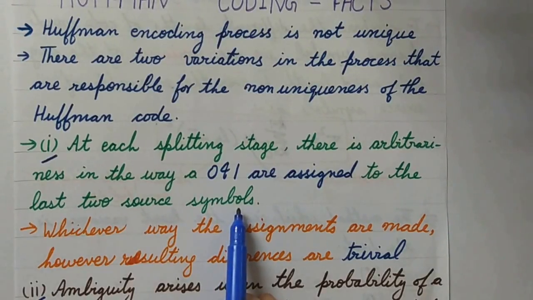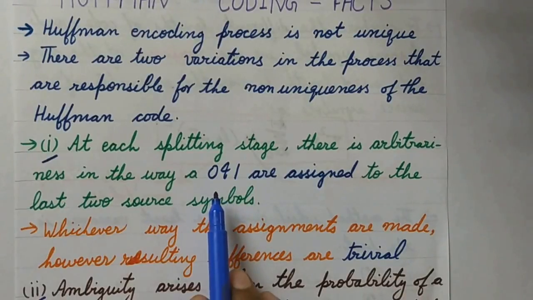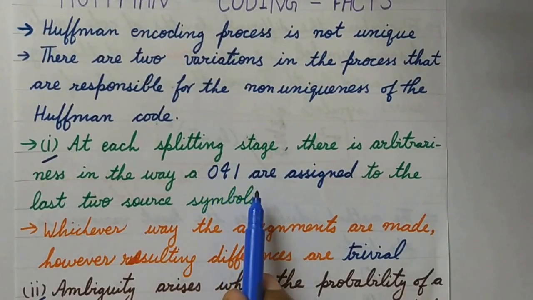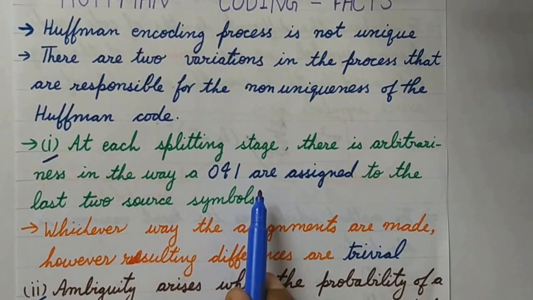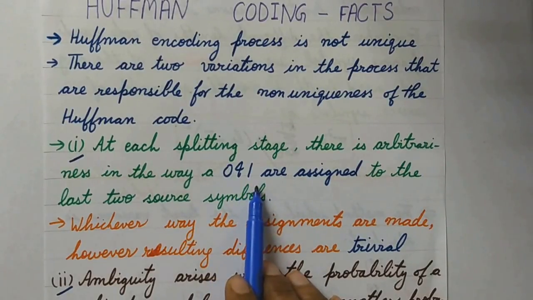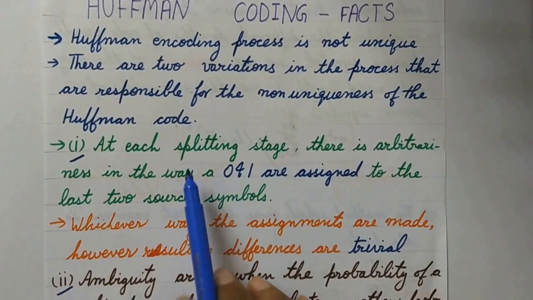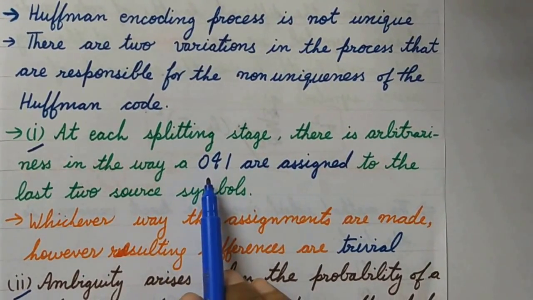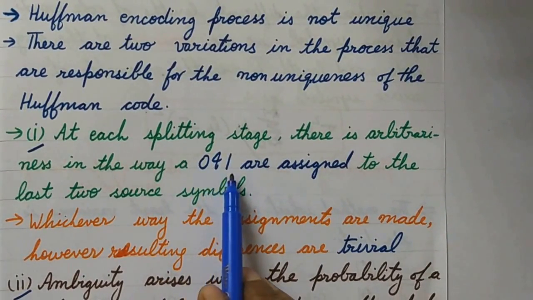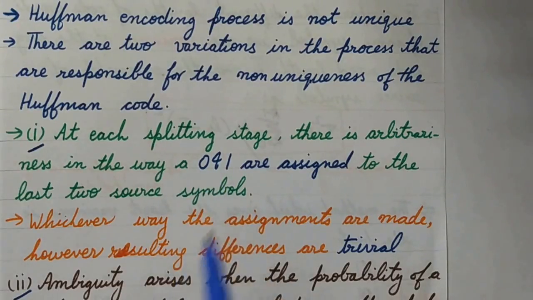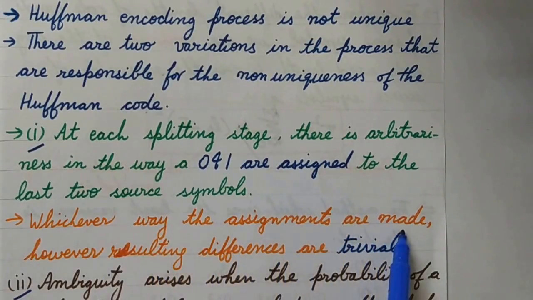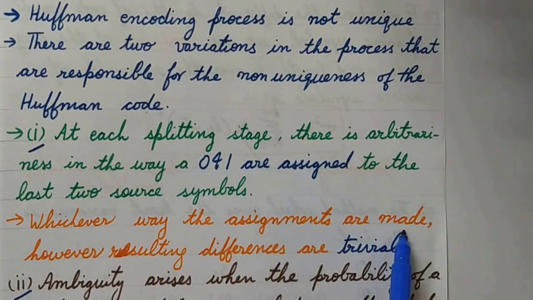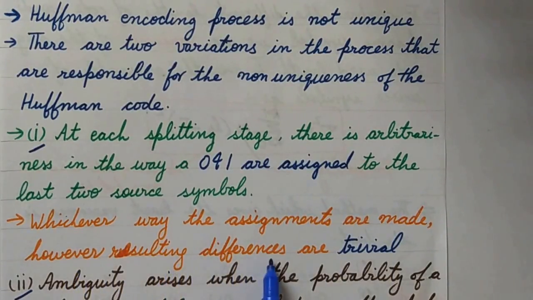Like in my previous video, I used to write 1 and 0 for the last two messages, whereas Simon Haykin's uses 0 and 1. So this creates one variation, that some use 0 and 1 and others use 1 and 0. The next point says that whichever way the assignments are made, whether you are using 0 and 1 or 1 and 0, the resulting differences are trivial.